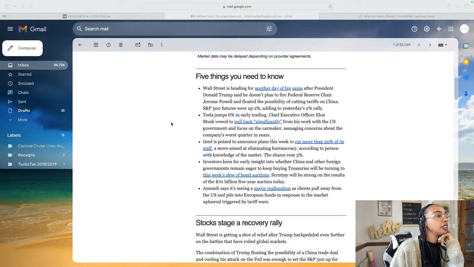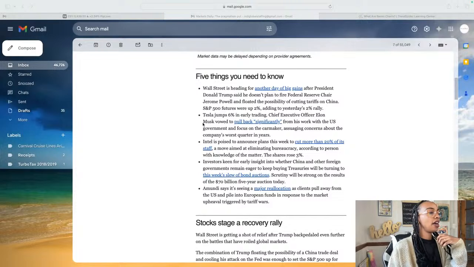Alrighty, so Tesla jumps 10% in early trading. Chief Executive Officer Elon Musk vowed to pull back significantly from his work with the US government and finally focus on the car maker, assuaging concerns about the company's worst quarter in years.